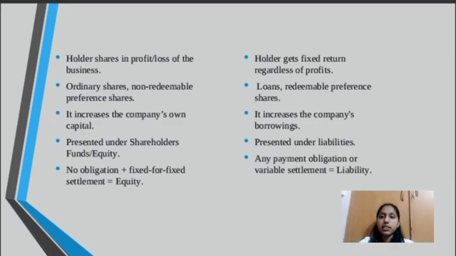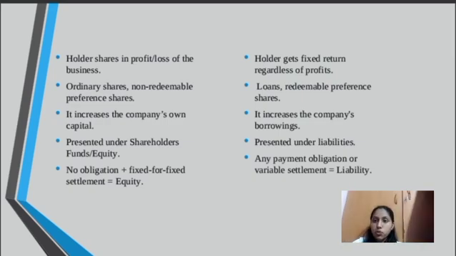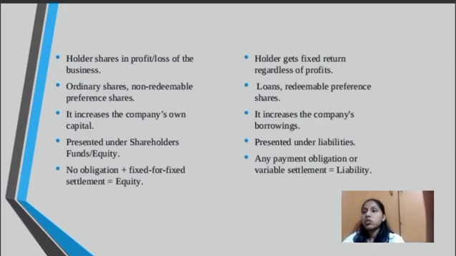Next, the seventh one, under equity instrument: ordinary shares and non-redeemable preference shares. Ordinary shares are the most common type of equity shares. They represent ownership and come with voting rights. Non-redeemable preference shares cannot be taken back by the company. So this is under equity instrument. Next, under financial liability, we have loans and redeemable preference shares.